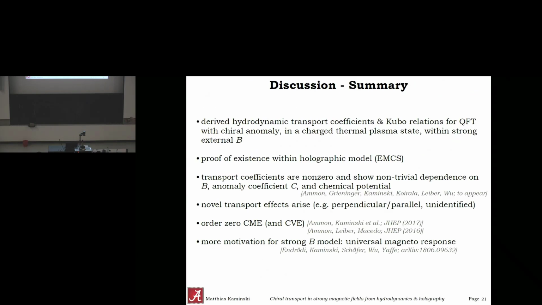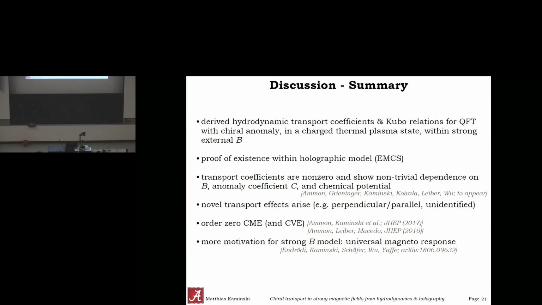We find and derive hydrodynamic transport coefficients and Kubo relations for quantum field theory with chiral anomaly in a charged thermoplasma state exposed to a strong magnetic field. We proved the existence of these transport coefficients and the correctness of the Kubo formula with the holographic calculation in Einstein-Maxwell-Chern-Simons theory.